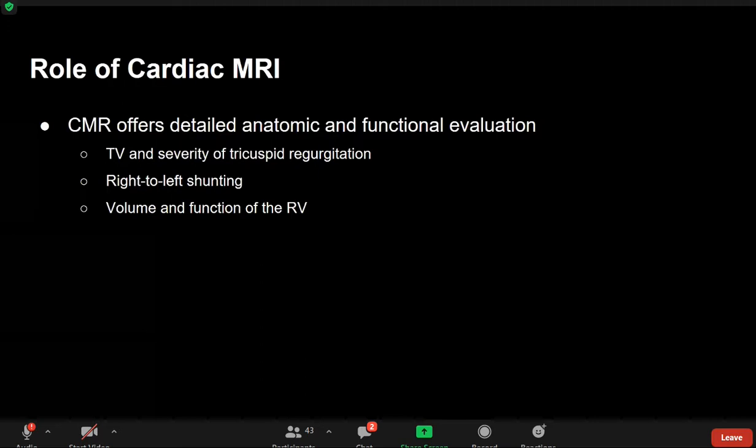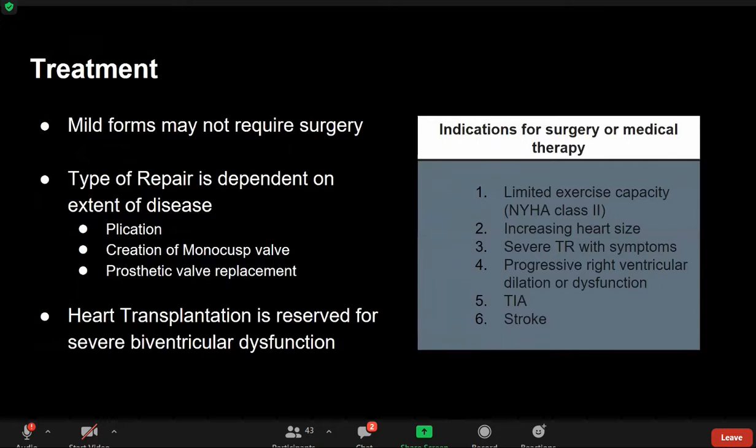And usually there are limited acoustic windows when you do echoes in adolescents and adults. So treatment in these patients may depend on the degree of dysplasia. Usually, mild forms do not require any surgery, and sometimes the need may arise later in life when right heart dysfunction develops in these cases.